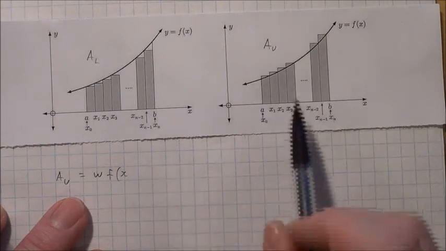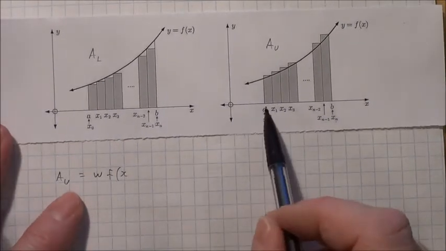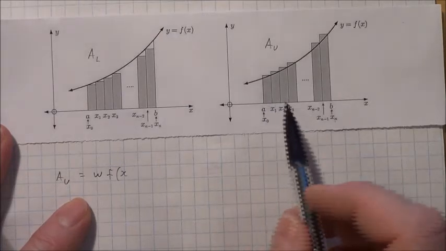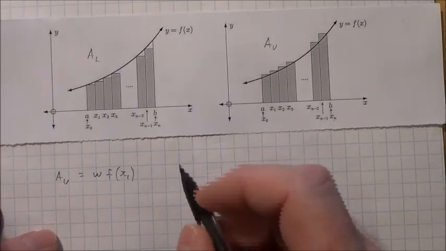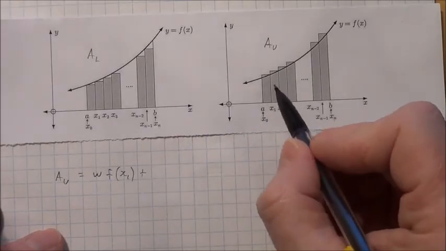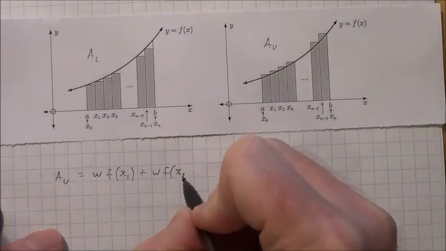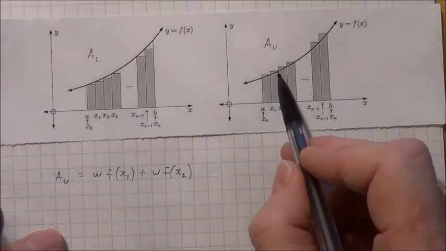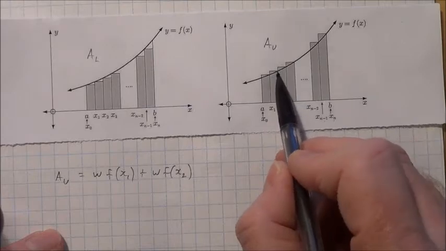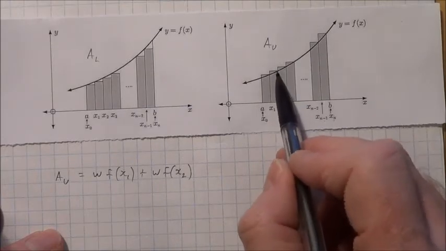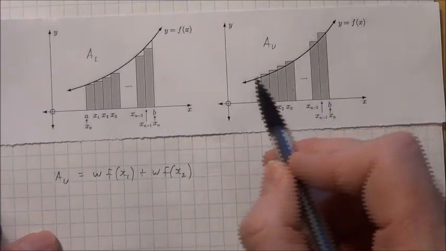So for the upper rectangles, we've got the width, which we're going to leave as w for now, multiplied by f of x1, and then we add the second rectangle, which is width multiplied by f of x2, because we're talking about the x value that forms the rectangle where the upper right corner of the rectangle is on the curve.